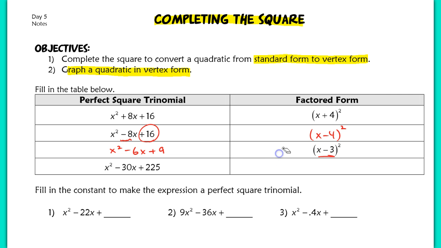So that's how you can quickly FOIL. And if I want to go backwards here, I would take that and cut it in half to get x minus 15 squared. Okay, so you can double check that 15 squared does give you 225, but this is why you end up with x minus 15.